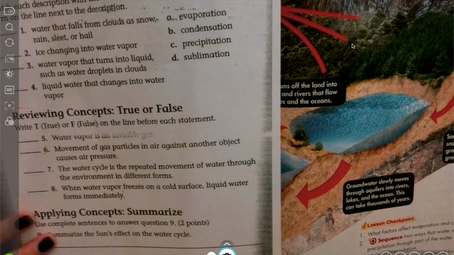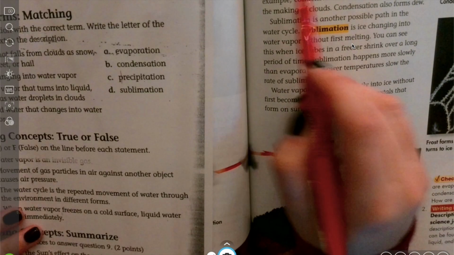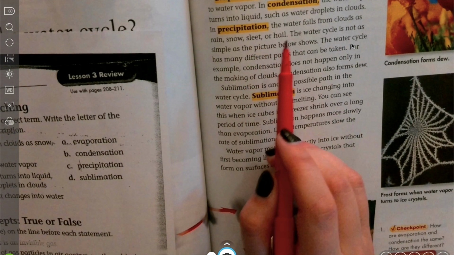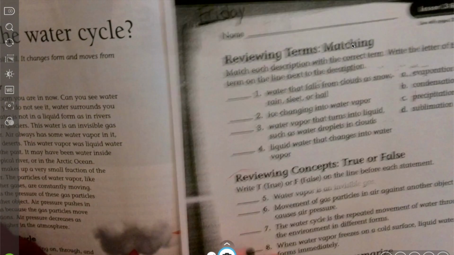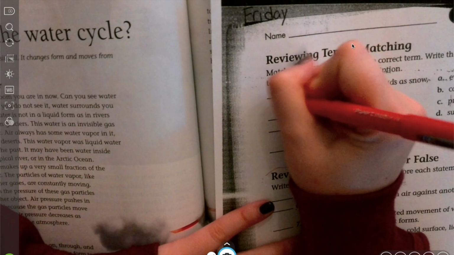I'm going to go to the page that all of these words are on. So I know that when we're talking about rain, snow, sleet, or hail, we're talking about precipitation. So that's going to be C.